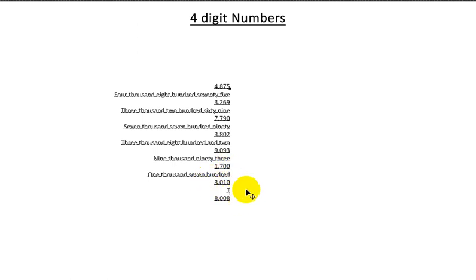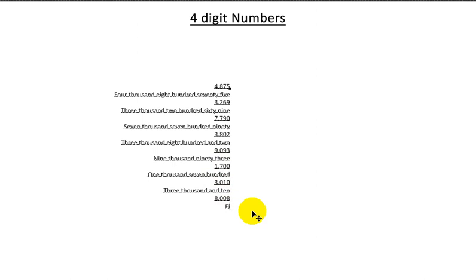Next up, we have 3,010. No hundreds or ones, because in the hundreds and ones place, there are zeros.